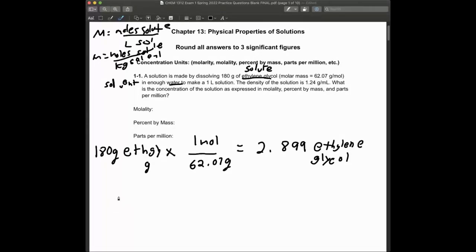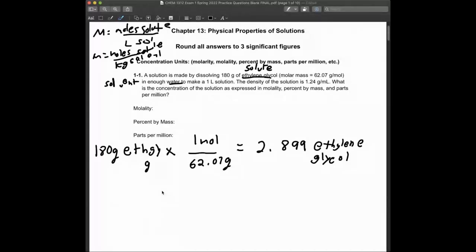Okay, so we're kind of stuck with what to do next. We have our moles of solute, but we don't have our kilograms of solvent. But I'm given a few key facts in this problem. I know that the density of the solution is 1.24 grams per mL, and I know we have 1 liter of solution.